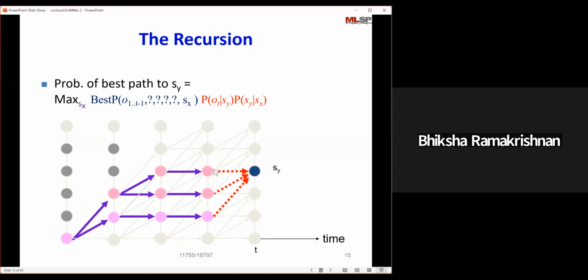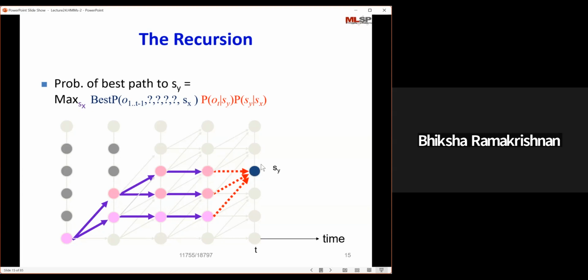So you would compare the probability of the most likely path to this state times this transition probability with the probability of the most likely path to this state times this transition probability, and the probability of the most likely path to this state times this transition probability, and pick whichever was highest.